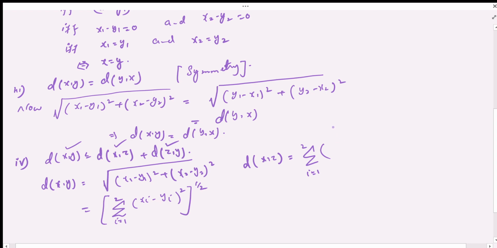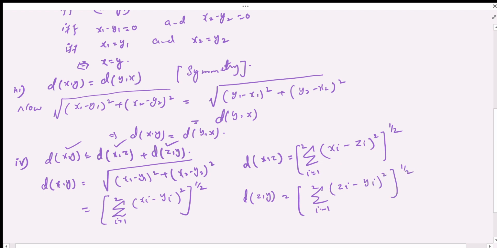Similarly, I have this x, so I write xi, and then minus zi. That will be whole square, and again I will have a power of 1 over 2. Clear? Then the last thing is the definition of d(z, y). Similarly, I will put the summation for i equal to 1 to 2, and I have z here, so I will write zi minus yi, whole square, power 1 over 2.